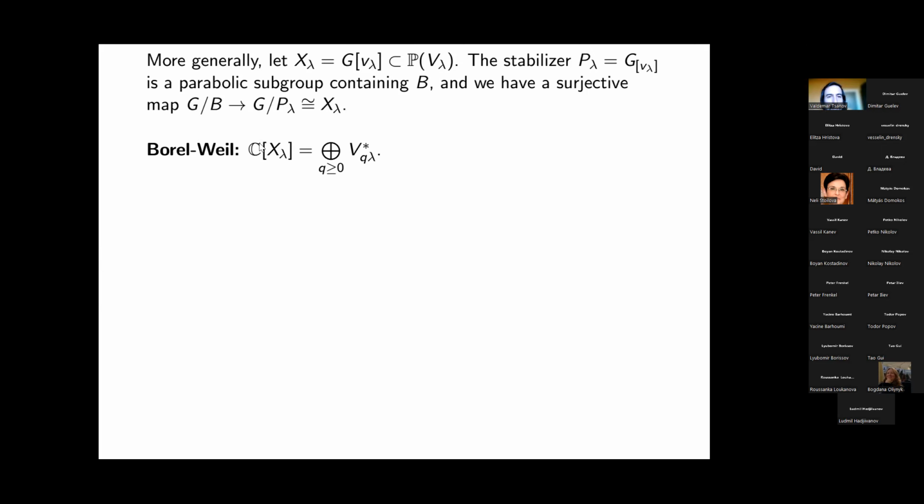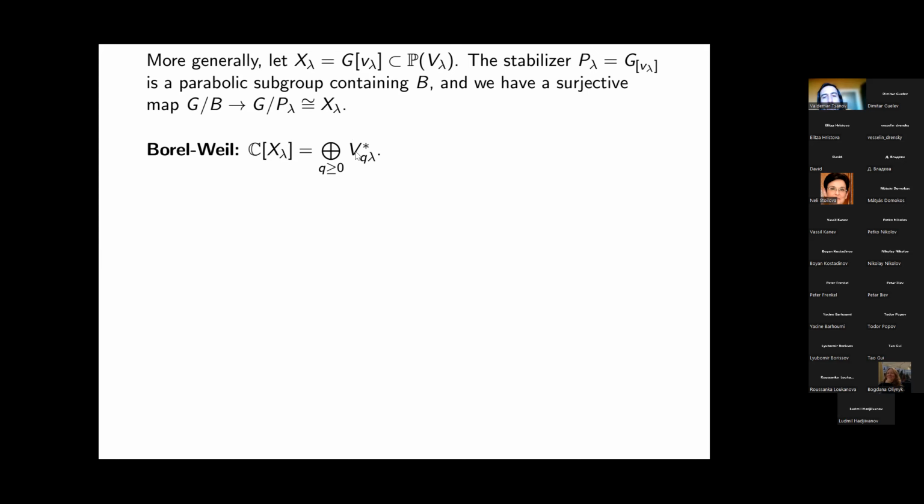But again, I'm just going to stick to coordinate rings here, and this line bundle story. What Borel-Weil in this form tells us is the coordinate ring of this space. So in degree 1, we clearly have just the dual of B lambda.